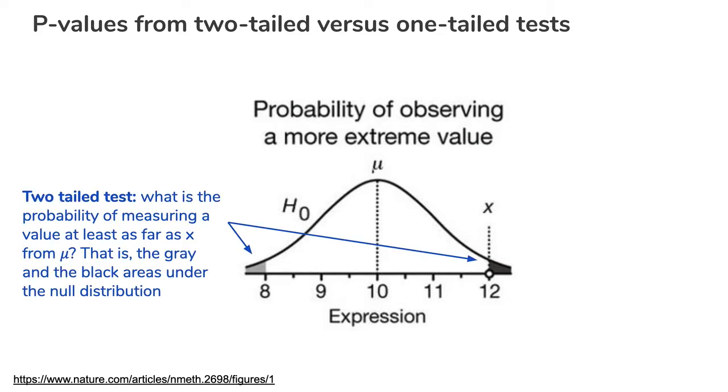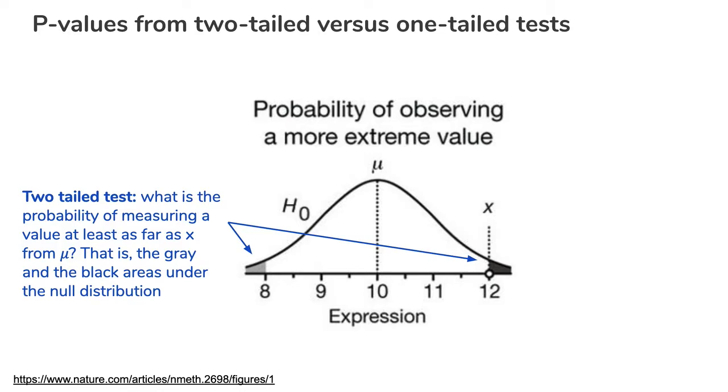A two-tailed test is basically looking at the area under the curve at both tails. So it's essentially saying, I'm seeing this outlier x. What I want to know is what's the probability of observing a value x that is that far from the reference value, the mean, either greater or lower.